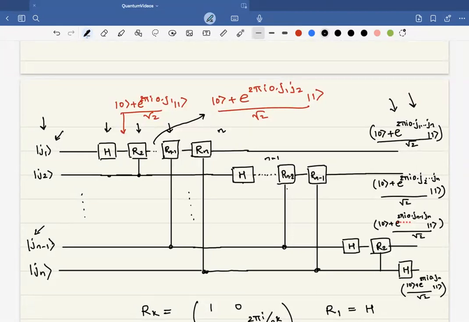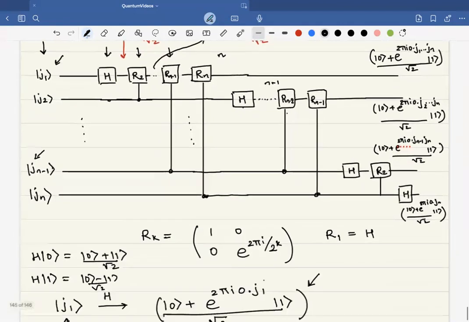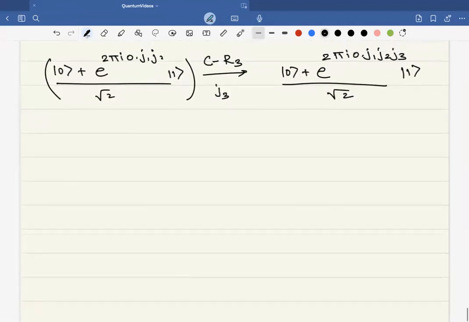So now the question is, how efficient is this circuit? So we have to count the number of gates. We have n gates on the first wire, n minus 1 gates on the second wire, and finally we have 2 gates on the second to last wire and 1 gate on the last wire. So the number of gates is equal to summation I equals 1 to n of I, right?